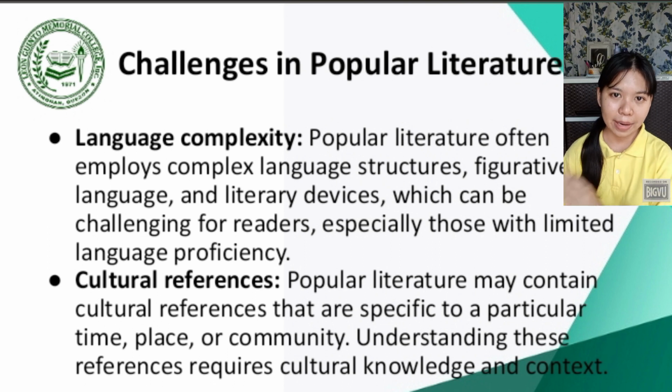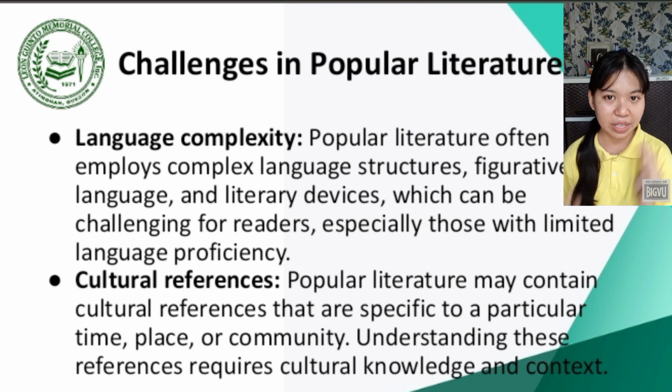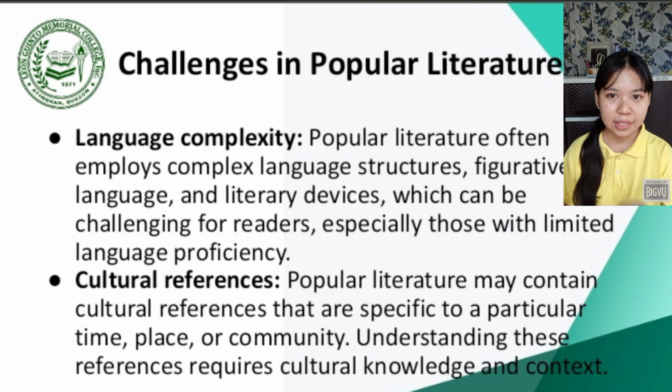So, what do we mean by complex language structure? So, this means the way sentences are put together can be a bit fancy or complicated. So authors mix up short and long sentences to make their stories more interesting and to highlight important points.